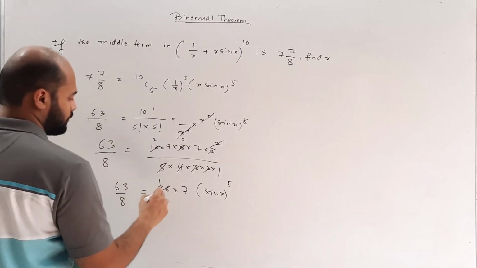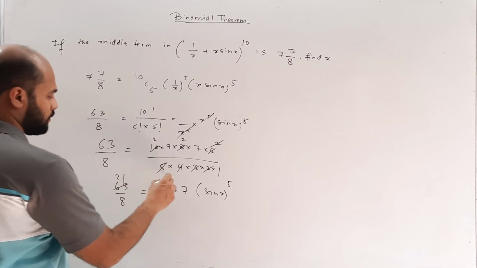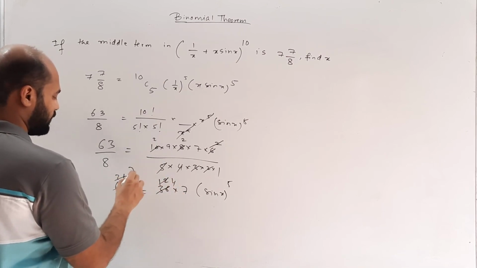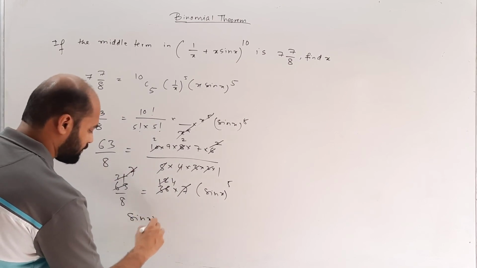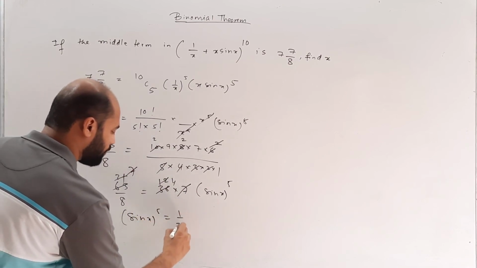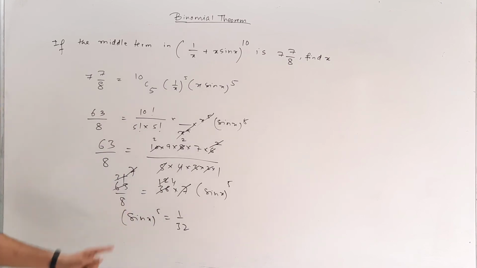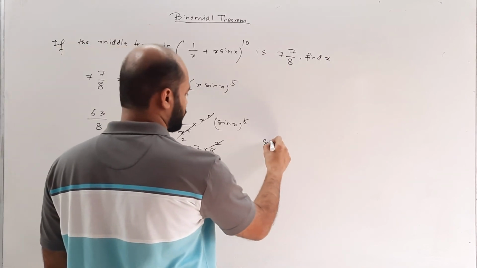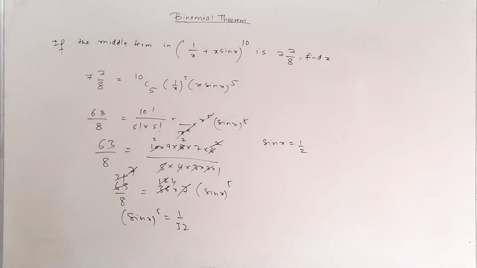So 3 4s are 12, 3 7s are 21, 7 and 7 go, and then what we get is sin x raised to 5 is 1 by 32. If sin x raised to 5 is 1 by 32, it means that sin x should be half. Sin x should be half compulsorily.